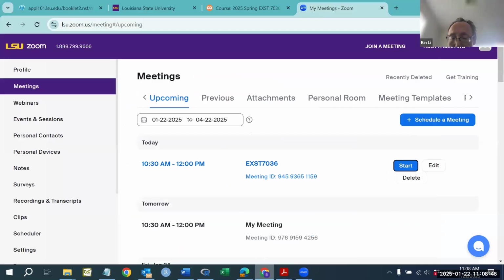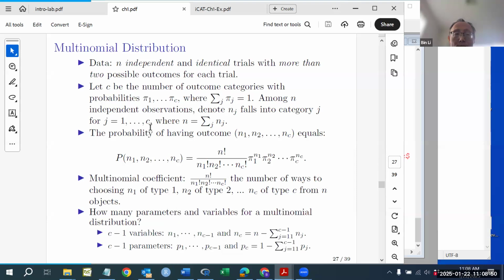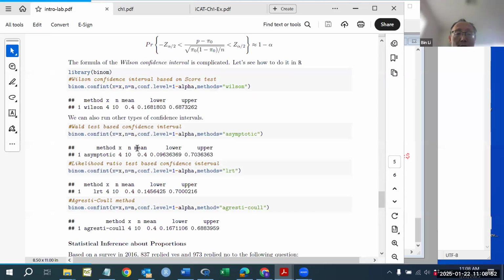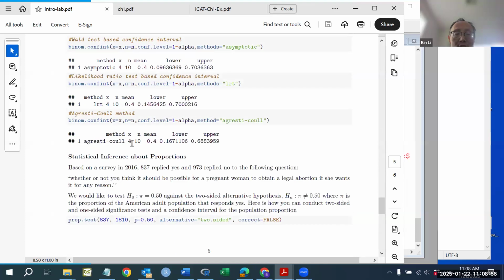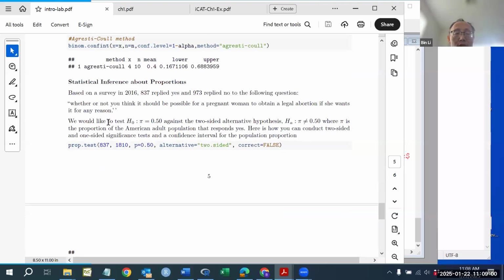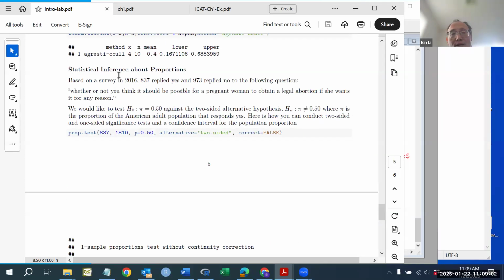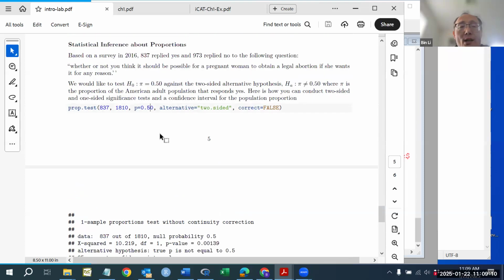For the intro lab, I showed you these 3, and I also have some examples of hypothesis testing. So you can take a look. Like here, we have survey data.